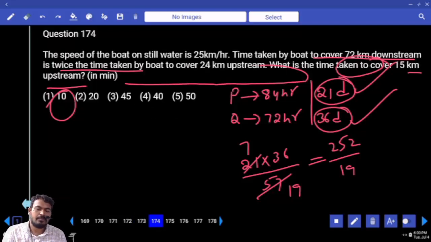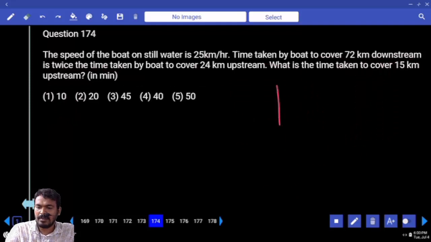174. The speed of the boat in still water is 25 km per hour. The time taken by the boat to cover 72 km downstream is twice the time taken by the boat to cover 24 km upstream. What is the time taken to cover 15 km upstream or downstream? Upstream. Okay. And here one will be downstream, another one upstream.